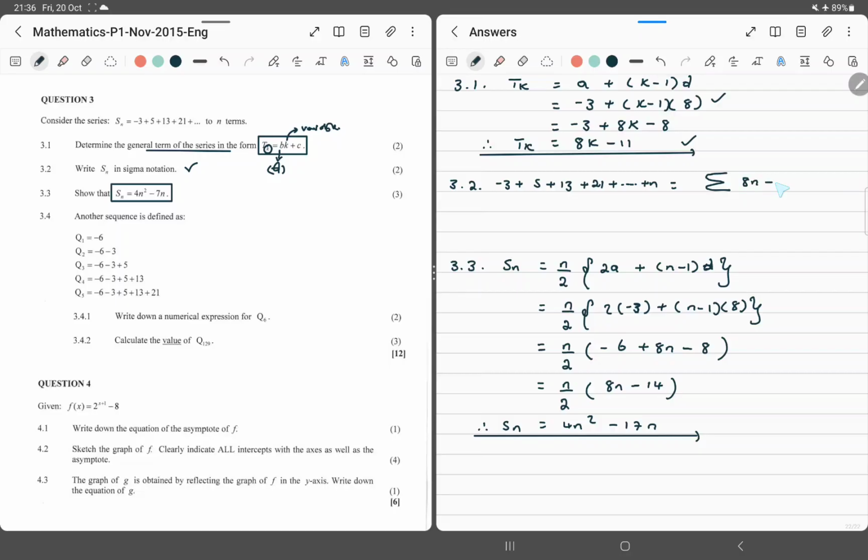So it's going to be 8n minus 11. That's our general term, right? Then we're going to start with n. Maybe let's just write k. We write k as it is. Then we can say starting from k is equal to 1 to k is equal to n. Okay, so that is it. So we're getting 2 marks for our sigma notation.